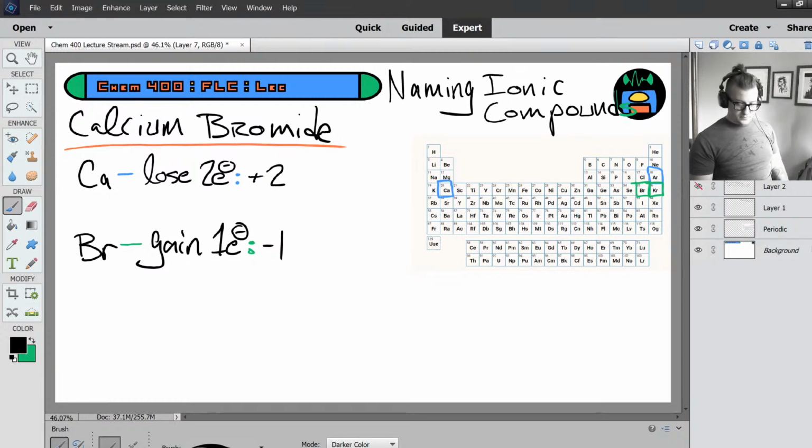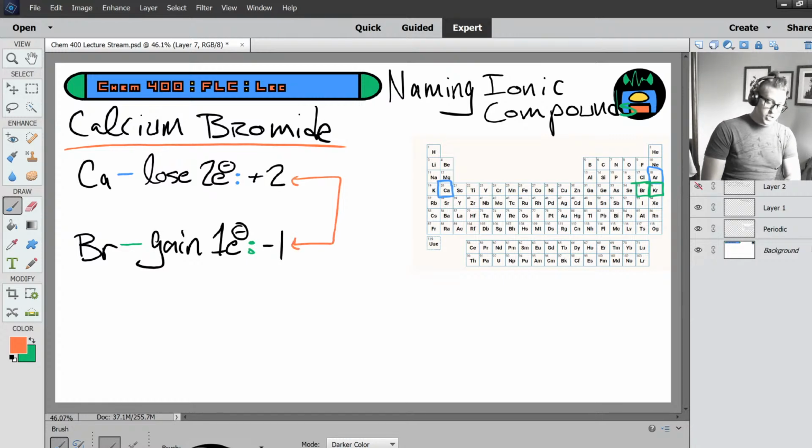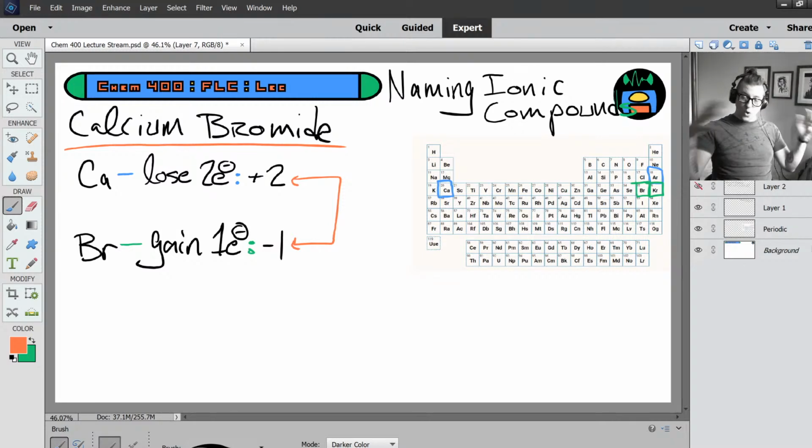Now, when you compare these two charges, you've got to ask yourself, how many bromides do you need to balance with calcium? Because we know overall we have to have a charge of 0. If we have 1 and 1, +2 minus 1 is still going to be +1. We need it to be net 0, right?